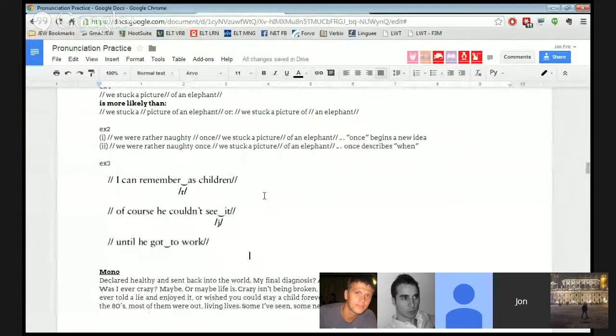So there you've got the R and the vowel being connected. Remember, in American English, I suppose it wouldn't be so strong. British English, it might be a little stronger. I can remember as children. Remember ra. So the R transfers to the next word. Okay? And what about, keep going.